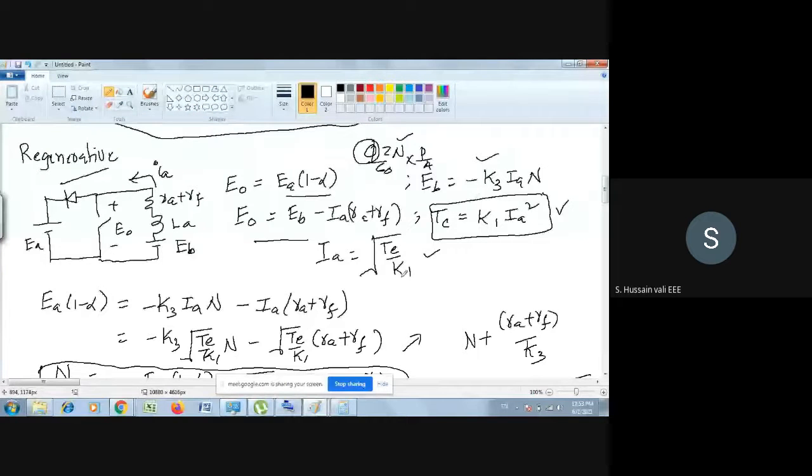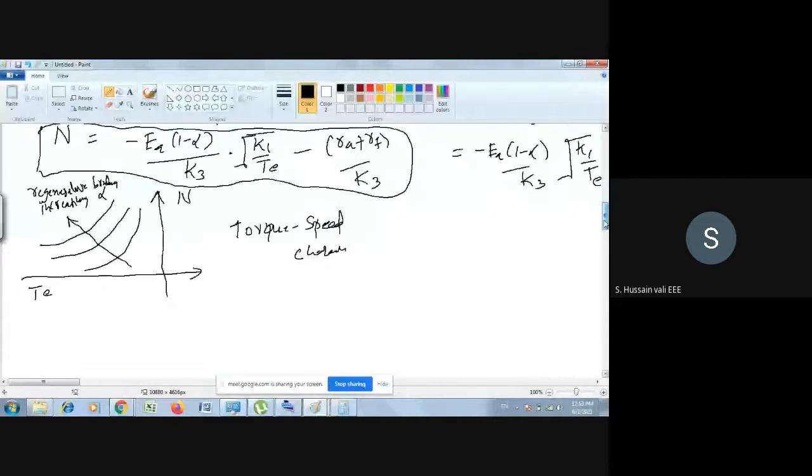Then electromagnetic torque TE is equal to K1 into IA square. Even though IA is negative here, as it is squared, you will find it still holds. So using these equations, please check yourself. You will get this because this is the second quadrant.